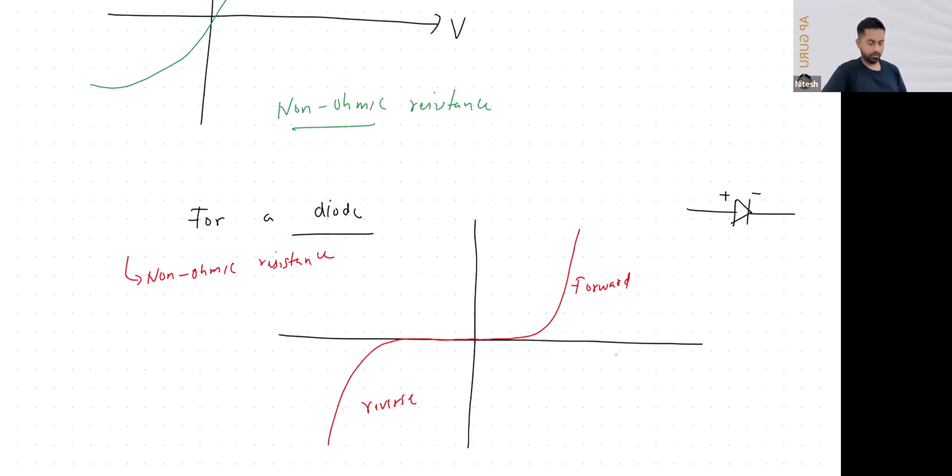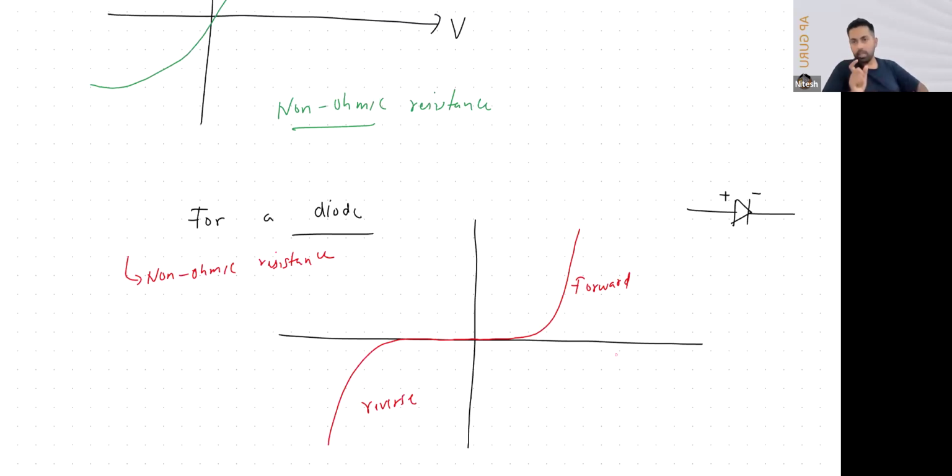Is it done so far? Okay, fine. The next topic we are going to start is the electric power, or the work done. Just imagine, if there is a current flowing in the circuit, who is responsible for that?